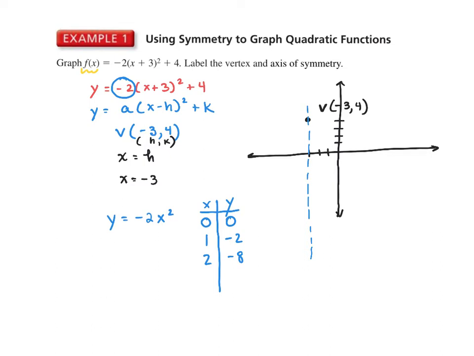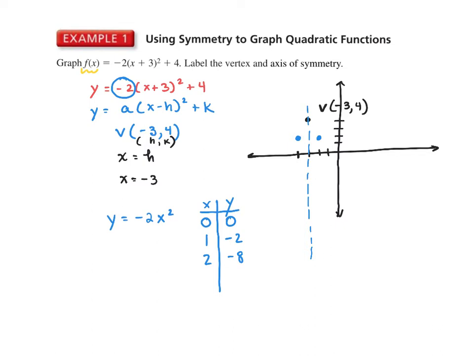So right about there. And symmetry tells me that across from this, I will have a mirror image of that point right there. So that's where symmetry about the axis of symmetry comes in.